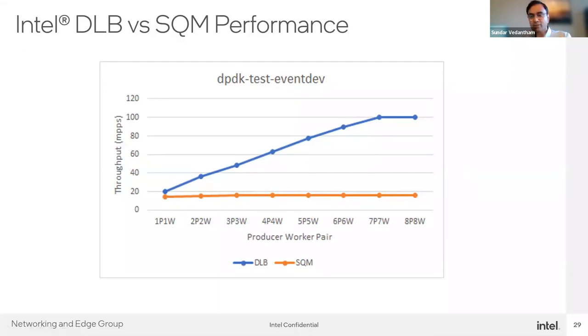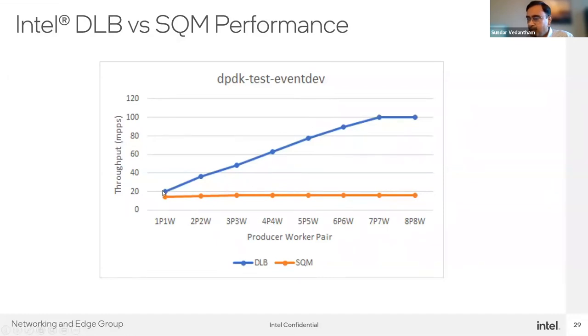So if you get that CPU to run as fast as possible to do software-based scheduling, balancing all the cores, sending packets to all the available cores, it can do about 17, 18 million packets scheduled per second. It just stays there.